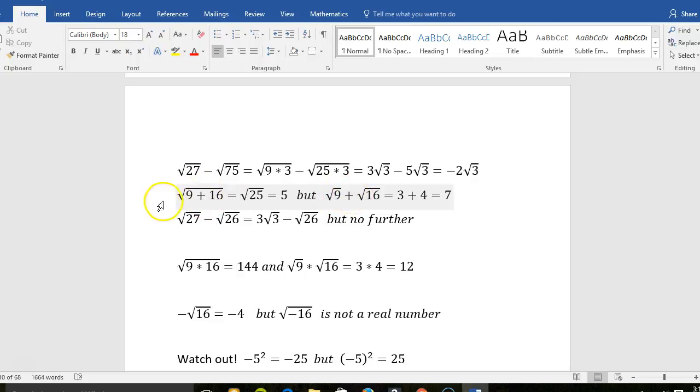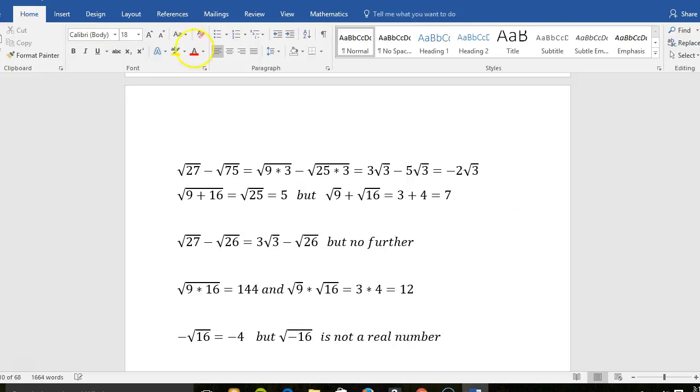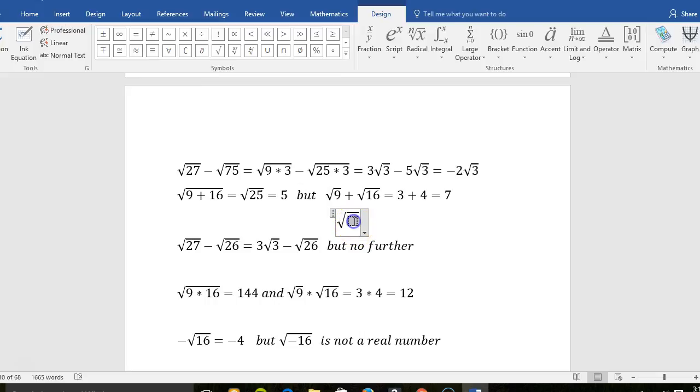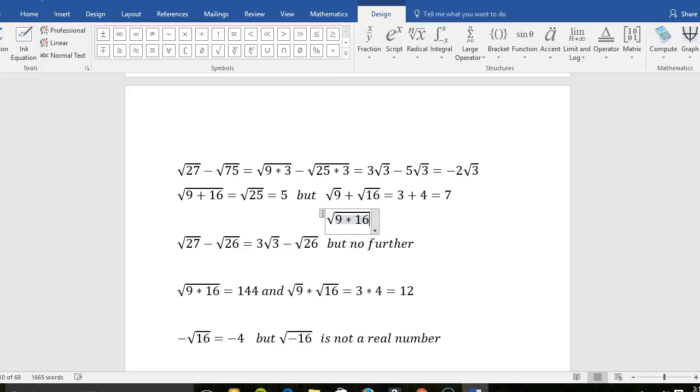You can break up multiplication, like radical 9 times 16 would be rad 9 times rad 16, but that's not true for addition, as we see here. We get 2 different things. And just out of curiosity, let's do it. The radical of 9 times 16, well, 9 times 16 is 144, and the square root of 144 is 12.